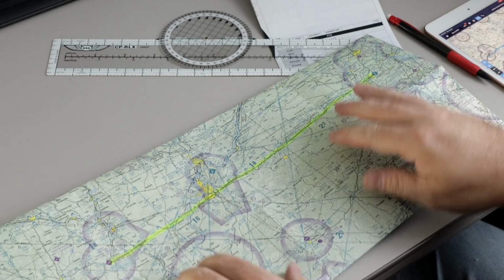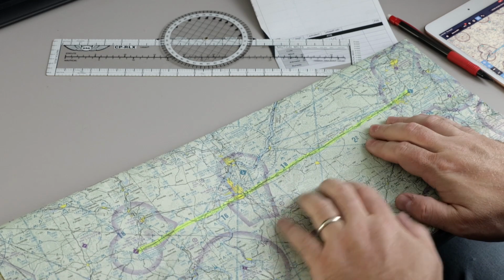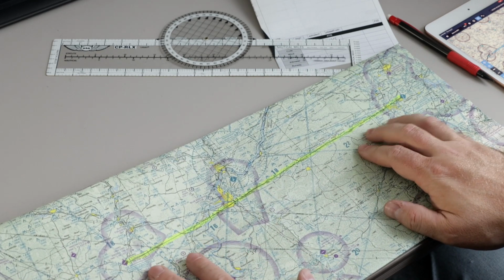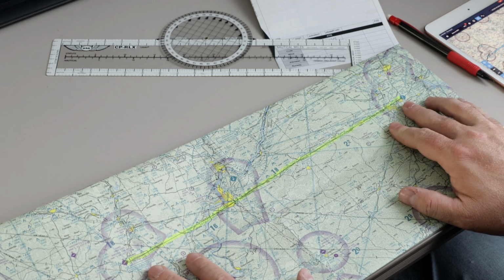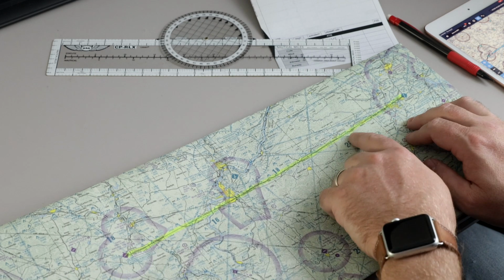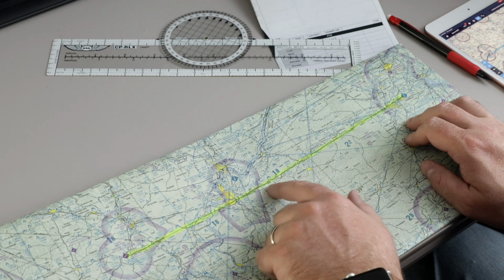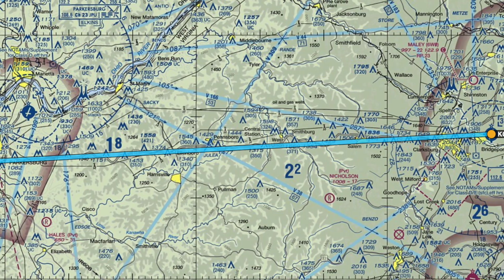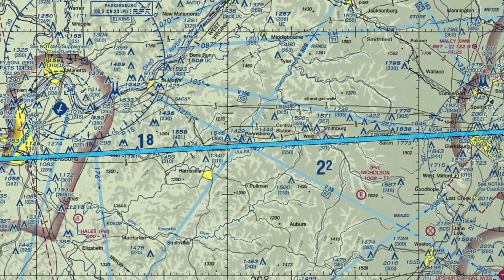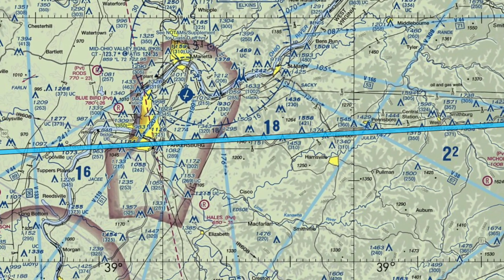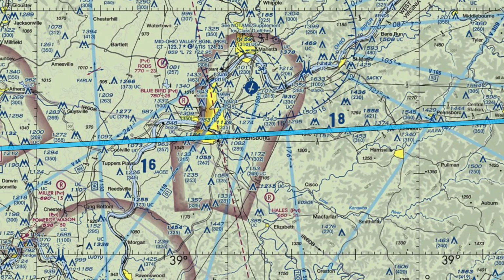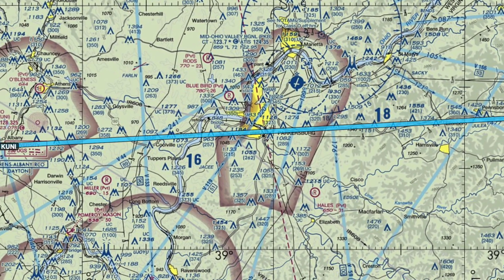Now, one thing to note for this specific route, I can tell already before we start plotting our course or our checkpoints, he's given me a really easy flight for pilotage. It literally follows Route 50. I mean, this line is dead through Route 50 until Parkersburg. So that'll be a great additional aid to know where we are throughout the course.